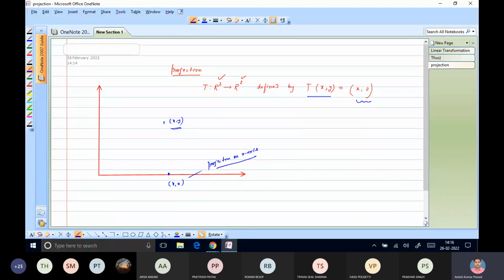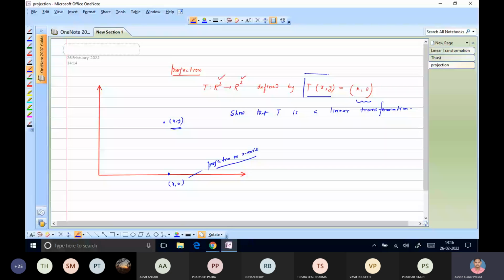So we have to show that this mapping T is a linear transformation. Now, how will we show? In order to show that T is a linear transformation, I have to show two properties.